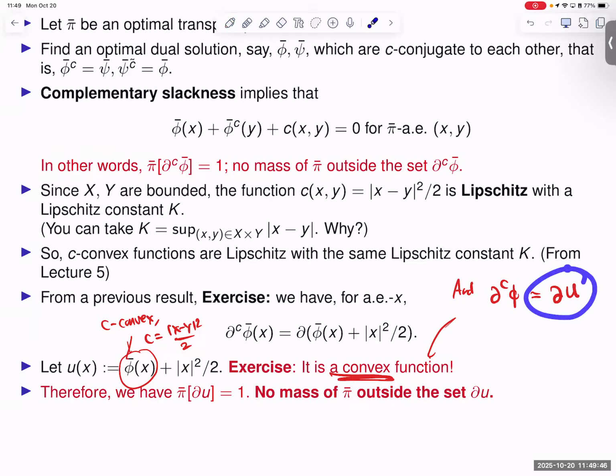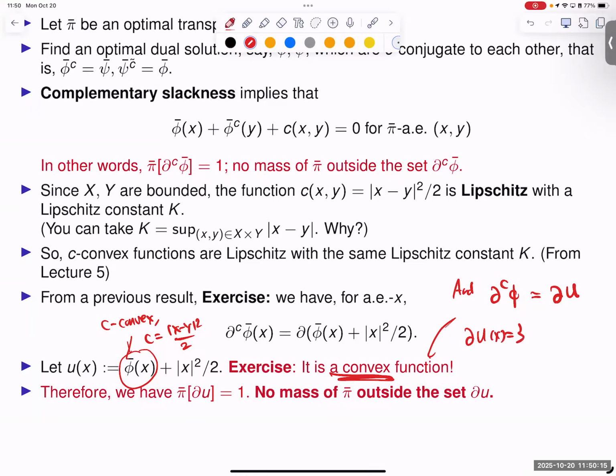Now, the subdifferential of u is nothing but the collection of the slopes of the supporting hyperplanes. The slopes are y, and those y belong to the C-subdifferential of phi.